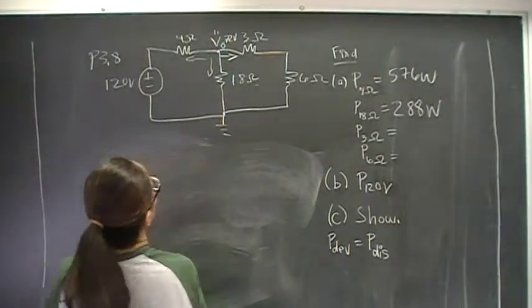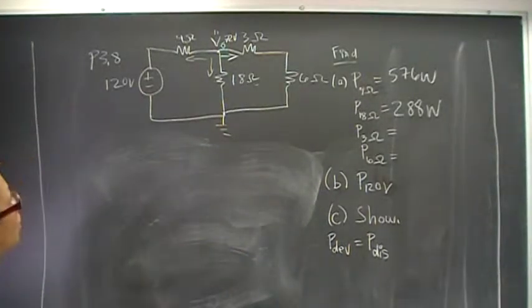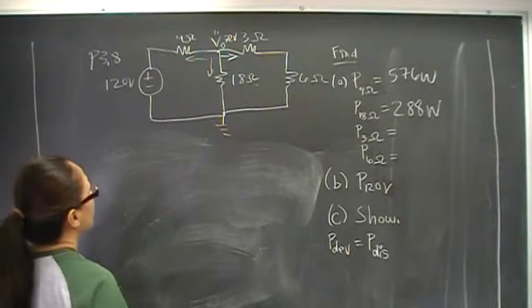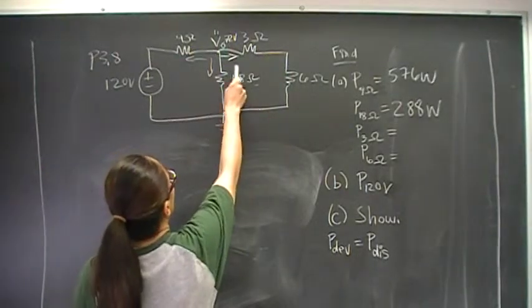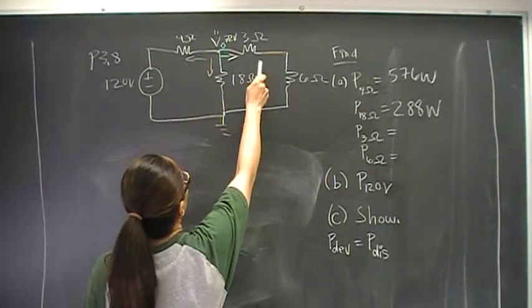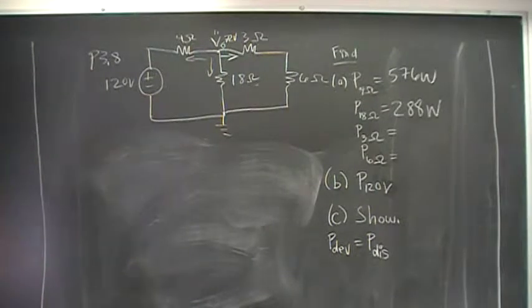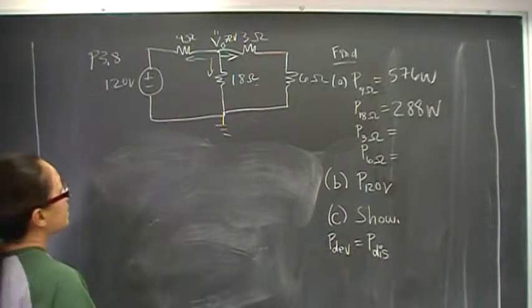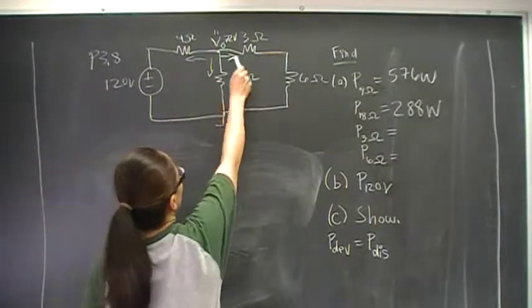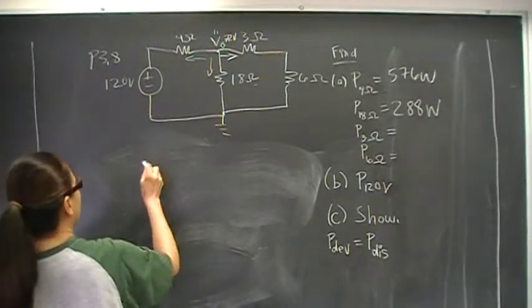On this one, we're going to have to calculate the branch current, because the two options for calculating power are V squared over R or I squared R. The easiest way is to take the branch current and calculate through that.